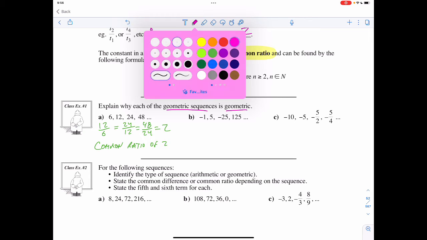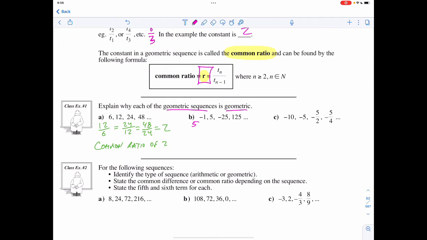For example B, if I took 5 divided by -1, that's the same as -25 divided by 5, which is the same as 125 divided by -25. In all these cases, it always equals -5. So I have a common ratio of -5.